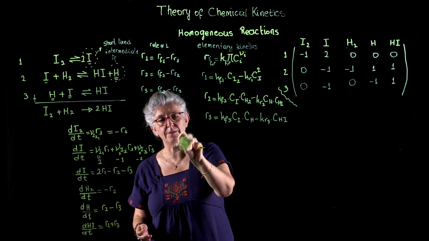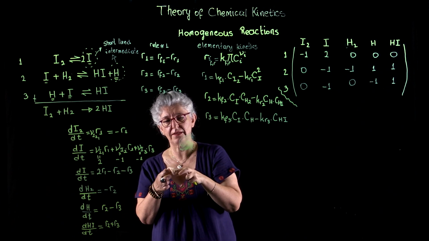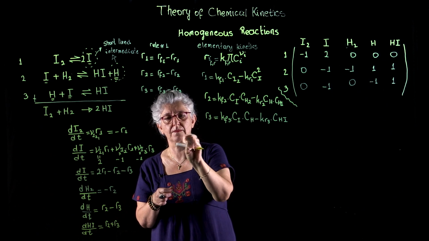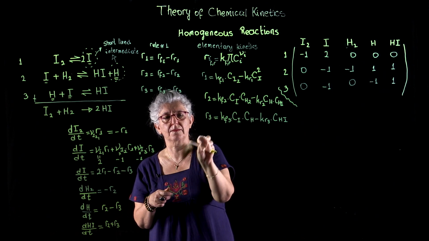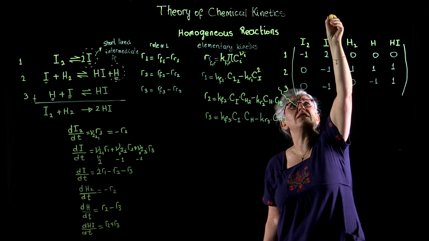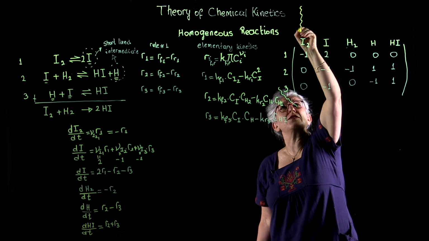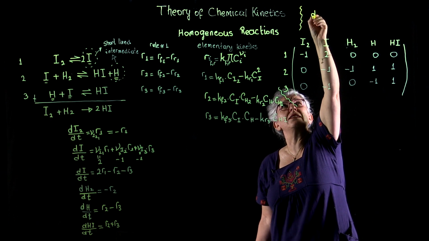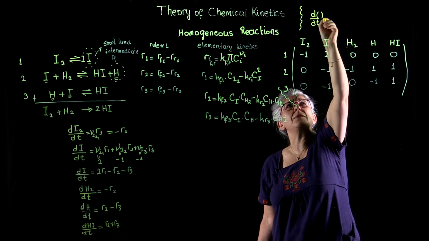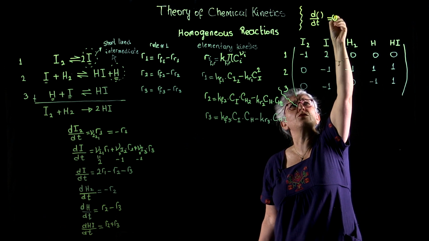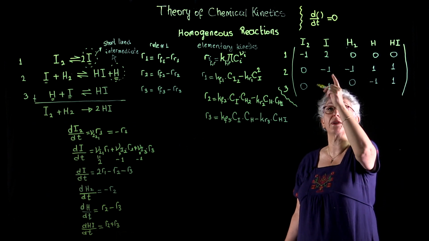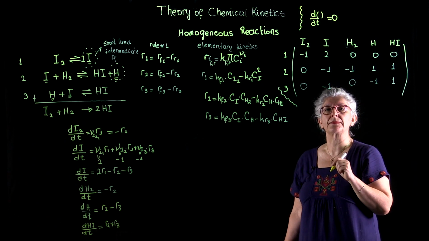Or maybe it is better that I write this over here to guide us for the rest of the lecture. d over dt of any parameter being equal to 0 may refer to several things. That parameter is constant, okay?